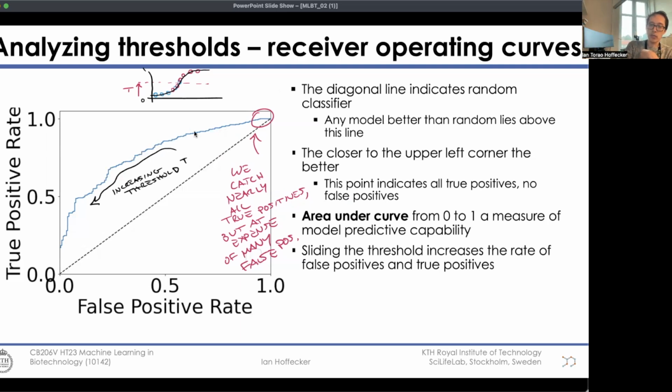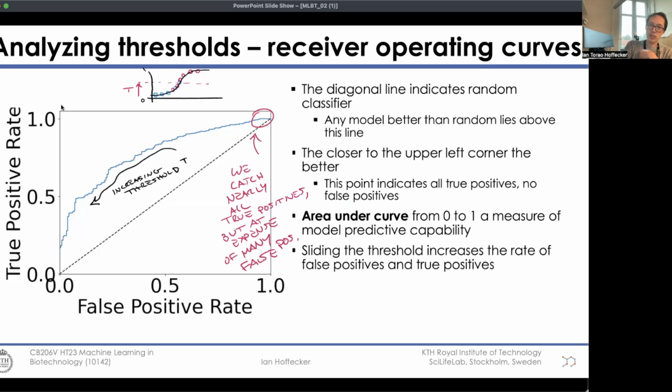And how the model performs with regard to where we place this threshold tells us a lot about how it's actually performing. So what we can do is plot on this axis the true positives and the false positives, and then modulate the threshold here and just look at this ratio of true positives to false positives.